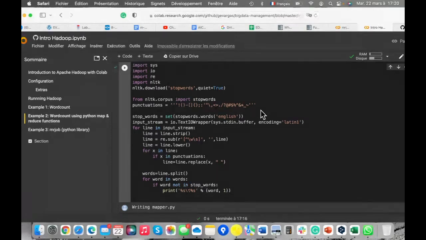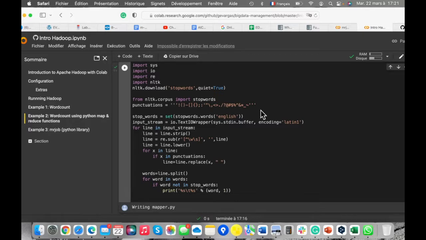Then, by using the regular expression, we're removing everything that's not alphanumeric, like characters, replaced by nothing. And then everything is set to lowercase. And then we are just replacing punctuations with spaces.